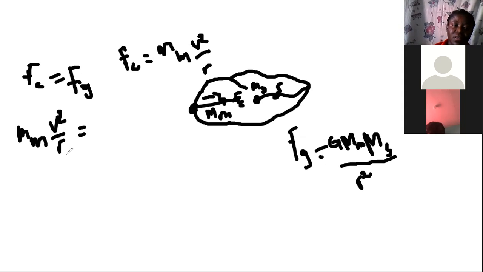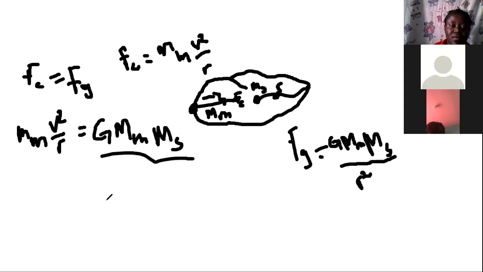So we have that equal to the gravitational constant times the mass of the moon times the mass of the sun, divided by the radius between the two, squared. The mass of the moon will cancel out.